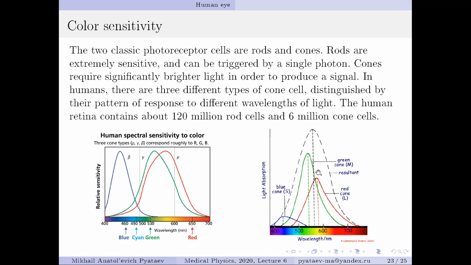Actually there is some light with wavelengths of 560 nanometers, green, and some light with wavelengths about 620 nanometers, which is red. So a mix of this red and green creates a sensation similar to yellow. We interpret this part of a picture as yellow light, but actually there is no yellow light here. There is a mix of green and red.